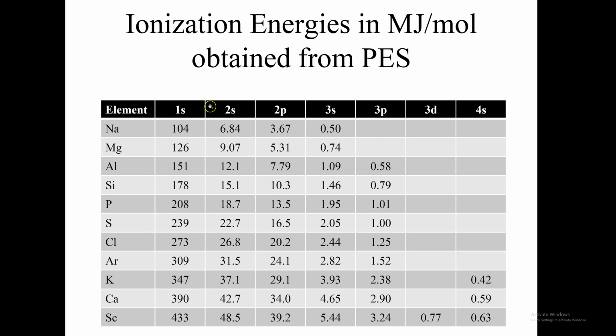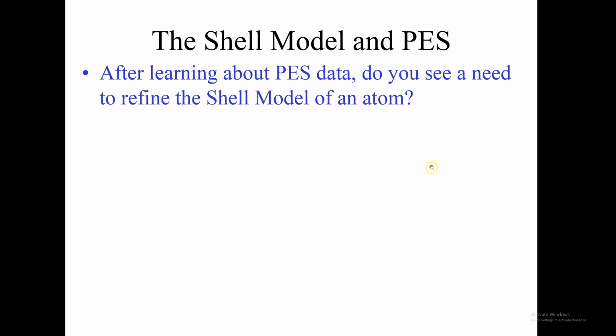The 2s right here is a little easier to remove, but not as much as 2p and 3s. And so as you can see from here, for every orbital, as you get further and further away from the nucleus, it takes less energy to remove these. And that's the reason why we have PES spectroscopy to determine those ionization energies.